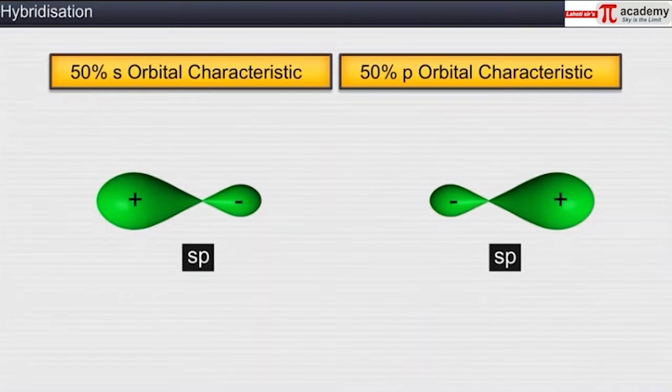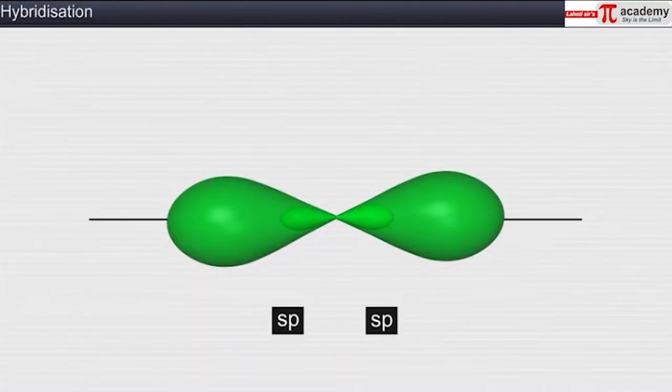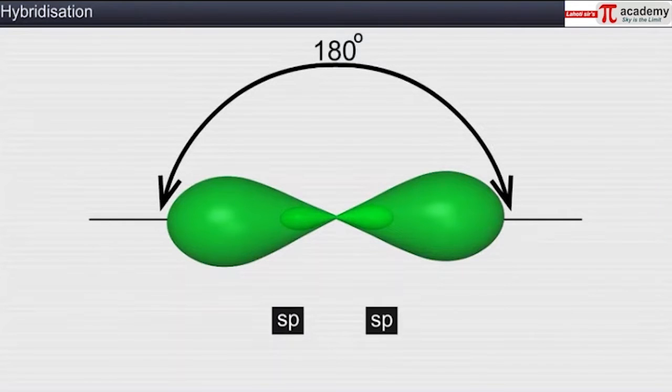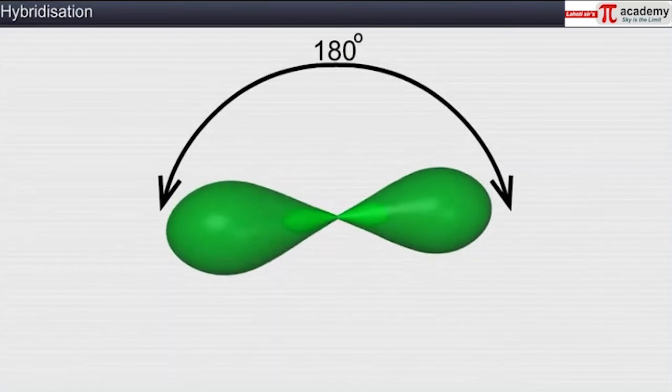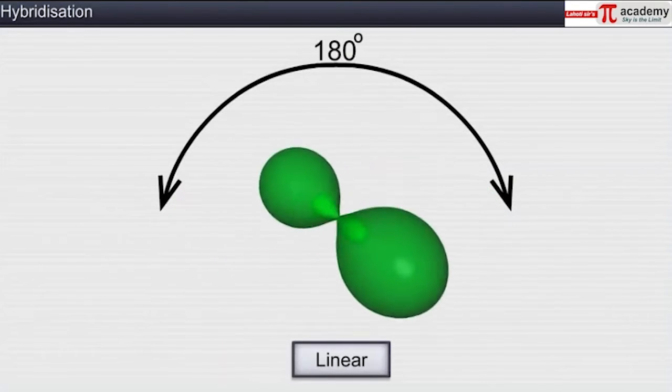The hybrid orbitals are oriented in opposite directions, forming an angle of 180 degrees with each other. During bond formation, they provide maximum overlapping areas, making the bonds stronger and giving the molecule its linear structure.